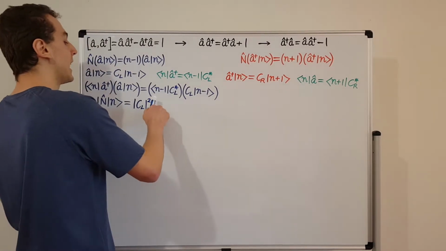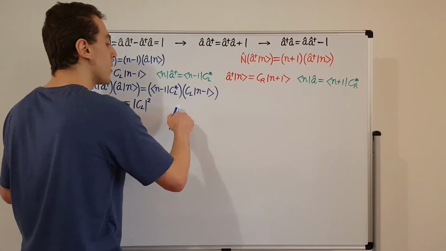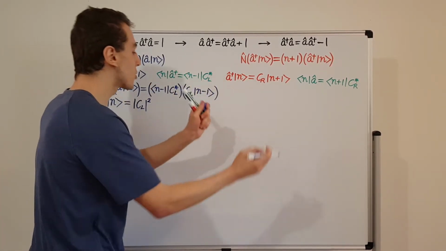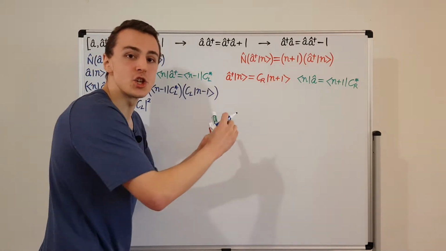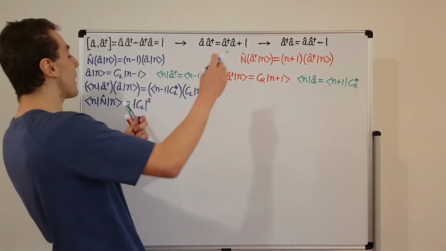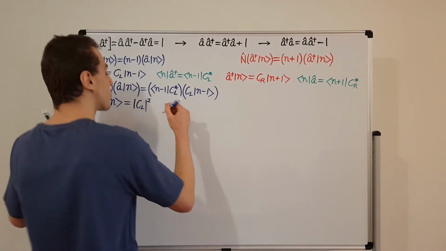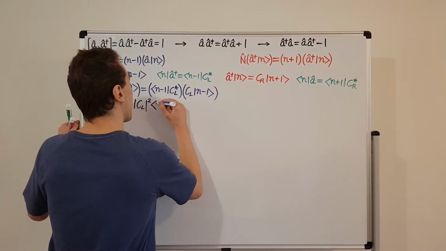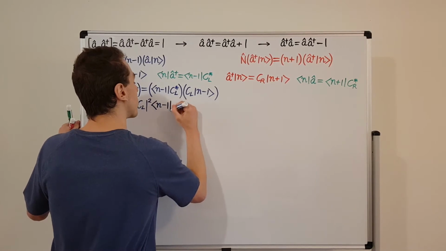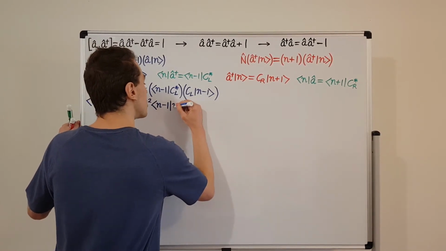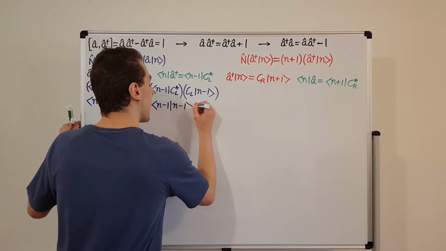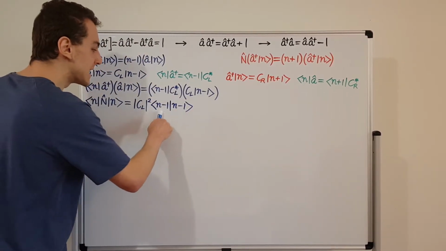That's just from elementary complex numbers. Whenever you have a complex number times its complex conjugate, you're just going to get the magnitude squared of that complex number. Now, what's going on over here? We have the inner product of N minus 1, the bra version, and the ket version of N minus 1. And this is essentially the same thing.